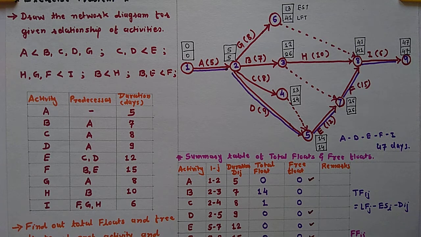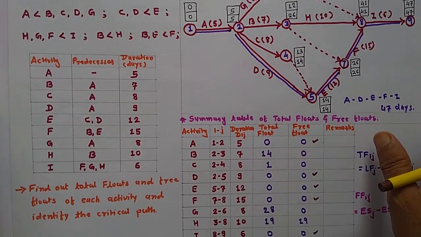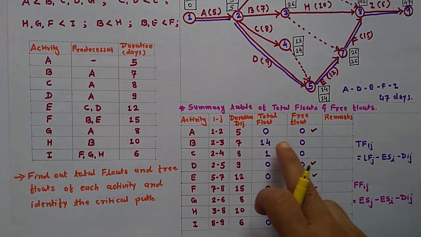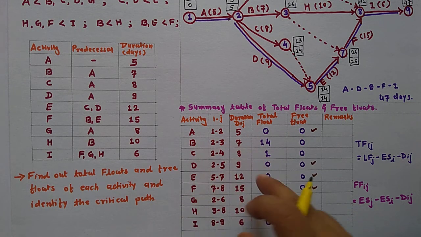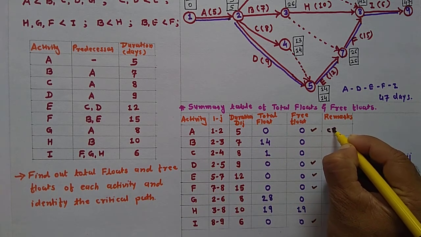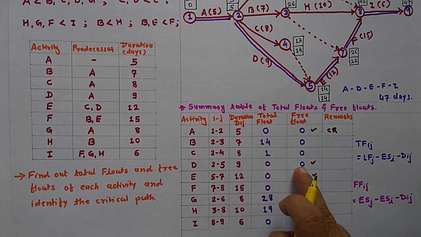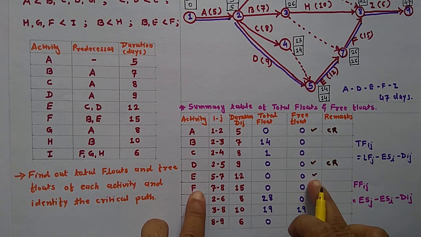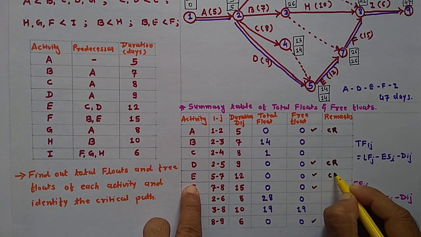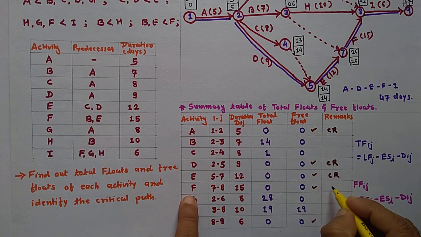Also keep in mind that a critical activity is an activity in which total float and free float are always 0. So this calculation also gives you the result that if the total float and free float are 0, that activity is your critical activity. Here both values are the same, so this is critical activity D. Here both values are the same, E. Here both values are the same, so this is also critical.